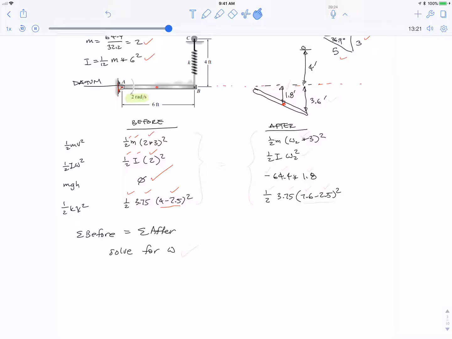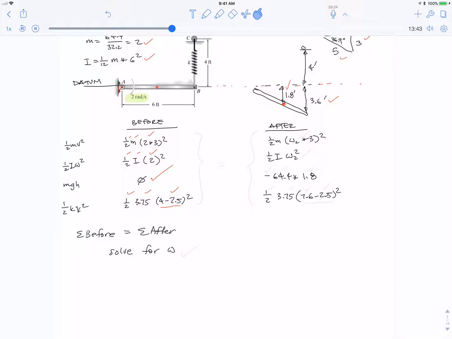Okay, so afterwards, when it's at this 36.9 degrees, the length is 6, and because it's a 3, 4, 5 triangle, I figured out that it was dropping 3.6 feet. So if the right end drops 3.6 feet, the center of gravity drops 1.8 feet. It's halfway over.